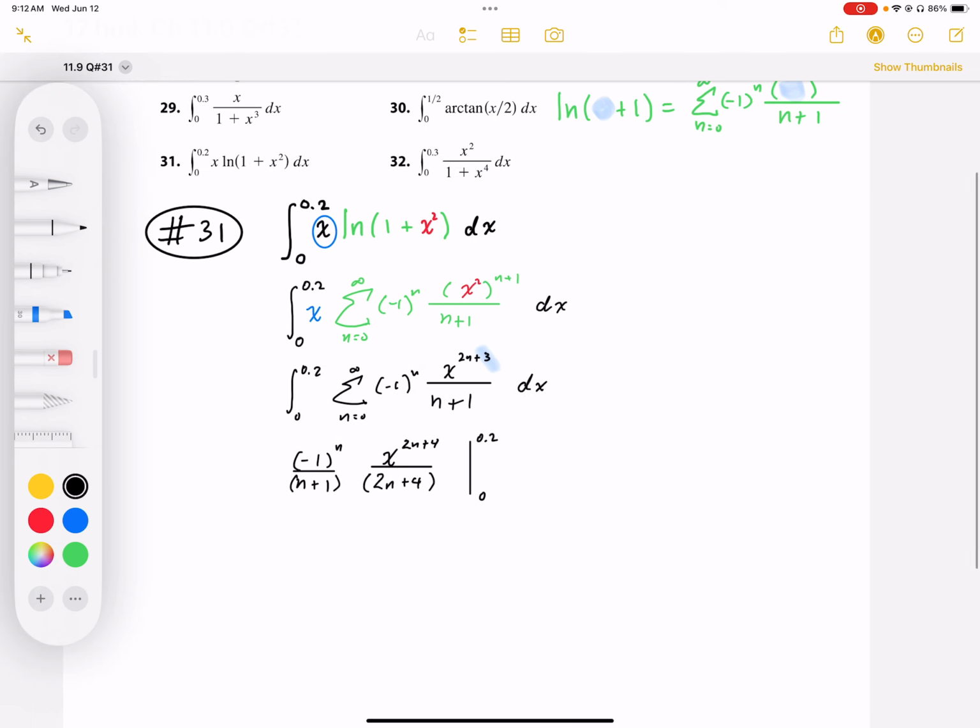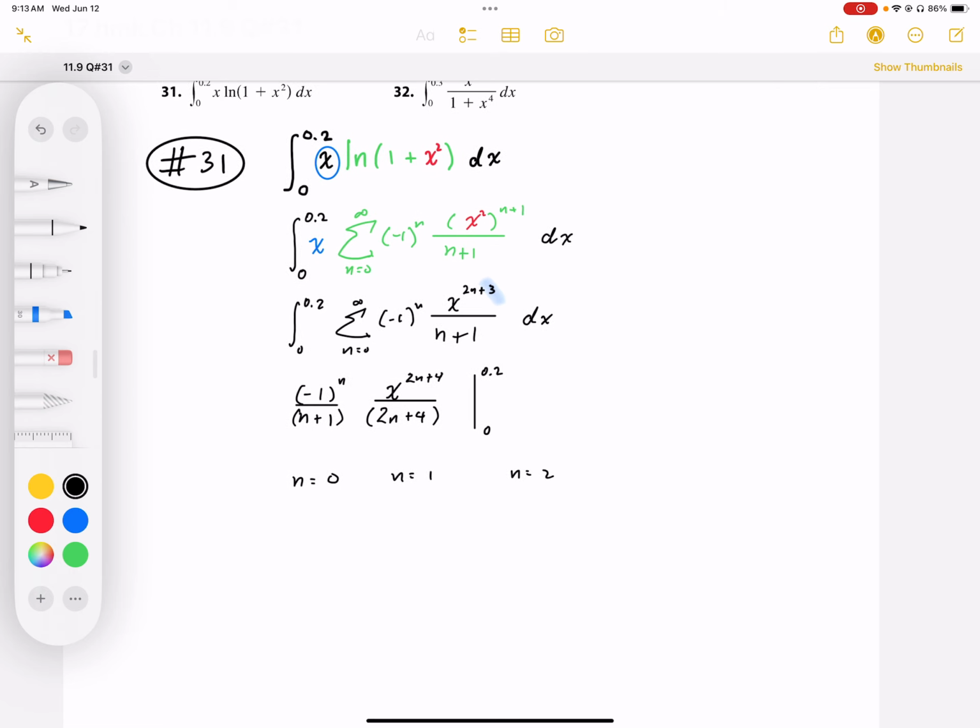So we need to get 6 decimal places of accuracy. So I'm just going to write out my expansion. So I have n equals 0, n equals 1, n equals 2. When n equals 0, I plug 0 in, I'm going to have positive 1, n plus 1 is 1, and the x part becomes x to the power 4 over 4.